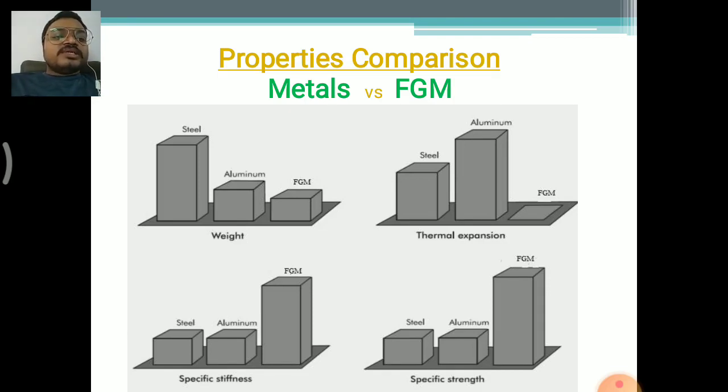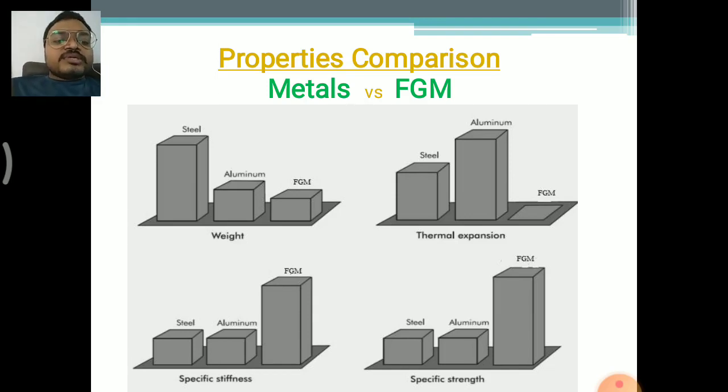Because daily we are using metals in a high proportion. In composite materials and in alloys also, metals are the more important materials used. So I am taking metals as the comparison link.